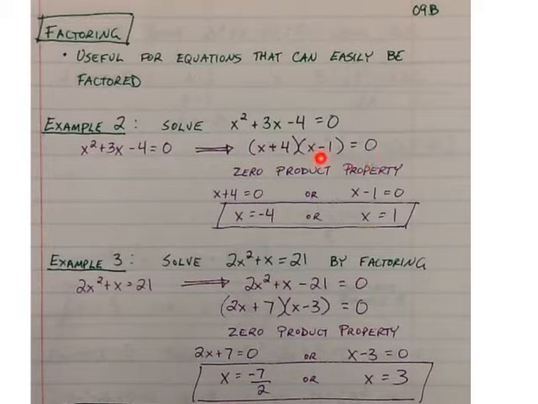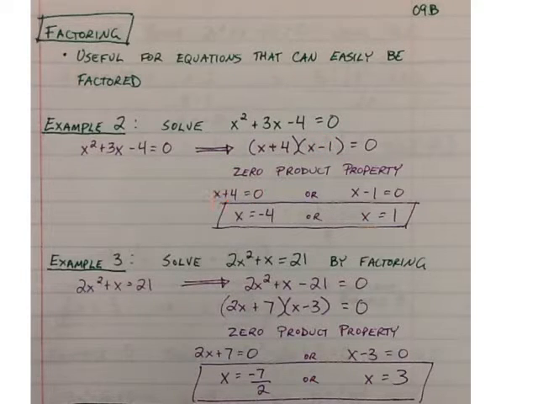Once we have it factored, we can use the zero product property, which says that if this whole expression is equal to 0, then at least one of the factors is equal to 0. So either x plus 4 is 0 or x minus 1 is 0.